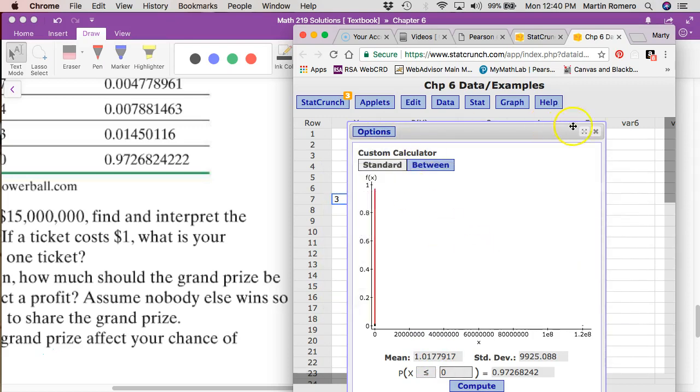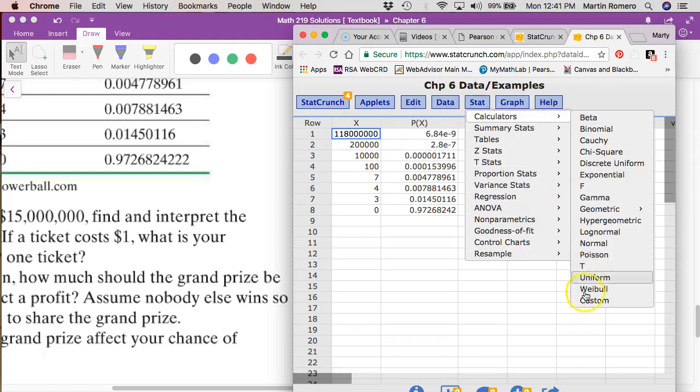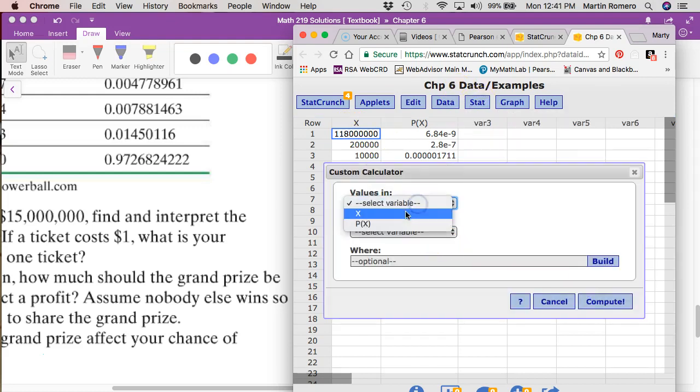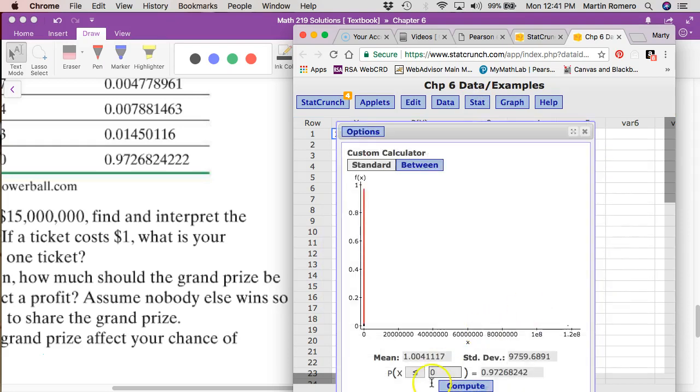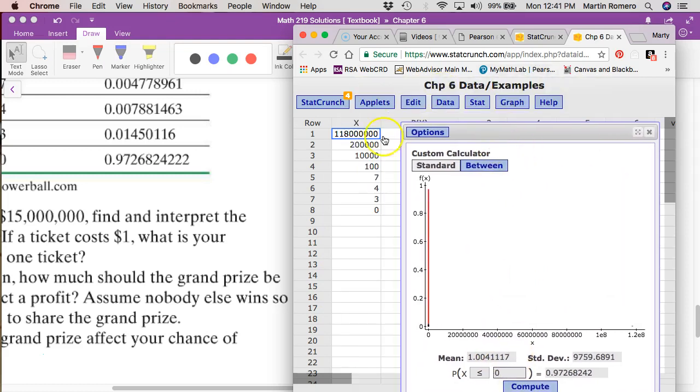And so you just have to keep playing with that. Try it yourself. 120 million gives you a little bit more profit. Let's try 118 million. Calculators, custom. And so then we end up with a value of about $1. So it looks like the mean is $1, which we expect to win $1 if the grand prize is 118 million.